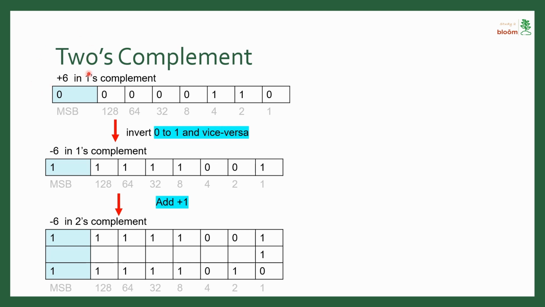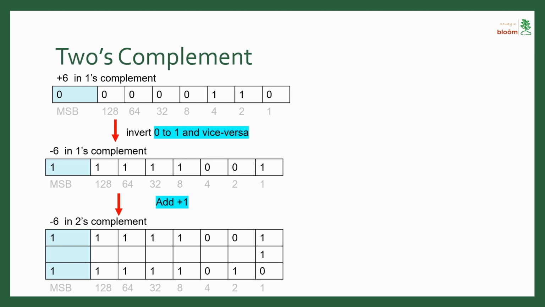When we have plus 0, all are zeros. When we invert, all become 1. Then if we add 1, again all become 0. So there's only one way 0 is represented in 2's complement, that is all zeros. There's no ambiguity in representing 0 in 2's complement.